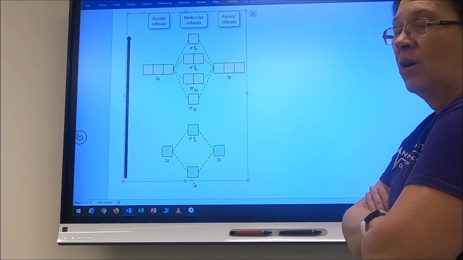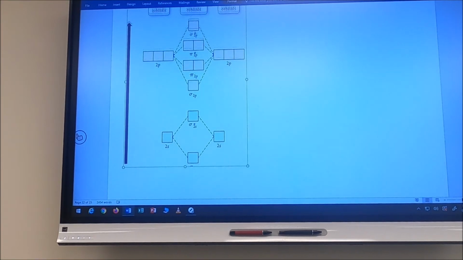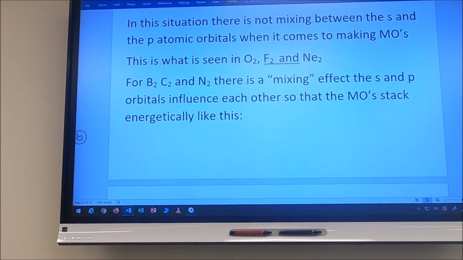Not all atoms go by the perfect world. This is a situation where there's no mixing between the s and the p atomic orbitals when it comes to making molecular orbitals. There's no orbital-orbital cross influence. And this is what we see for O2, F2, and Ne2. But for boron B2, carbon C2, and nitrogen N2, there is a mixing effect.